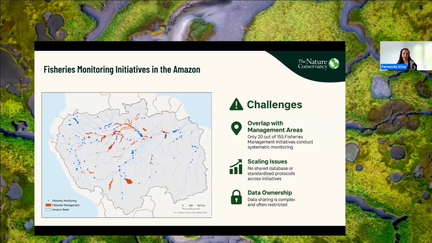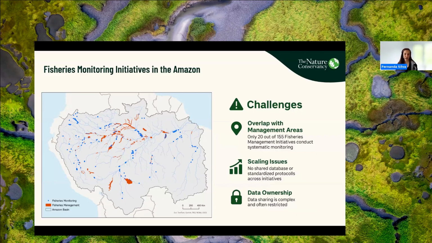When we look at data ownership and sharing, it's a sensitive point where we found restrictions in data sharing. Some initiatives are funded by specific projects or led by agencies that don't make their data public.